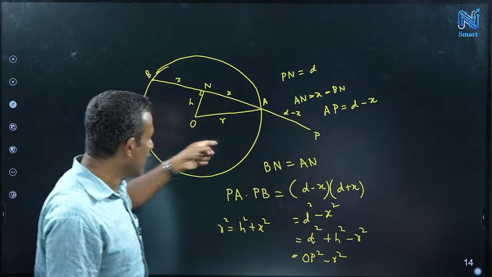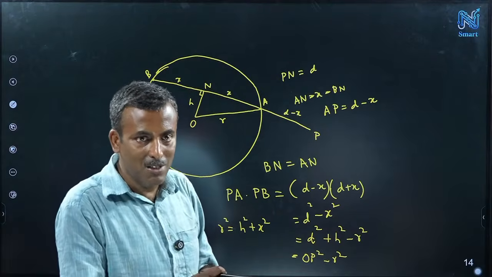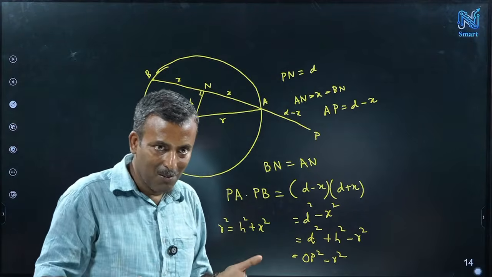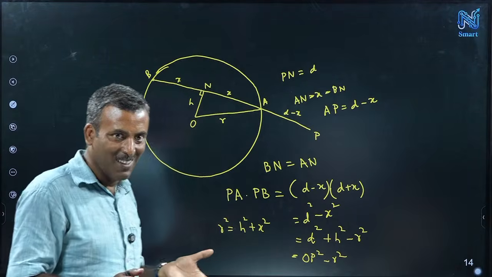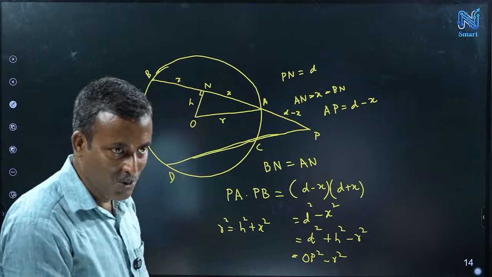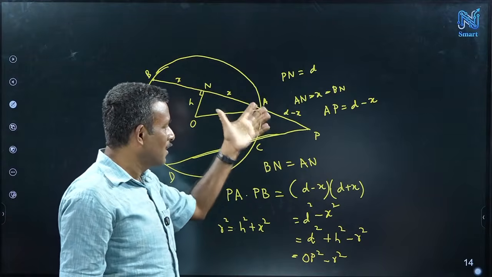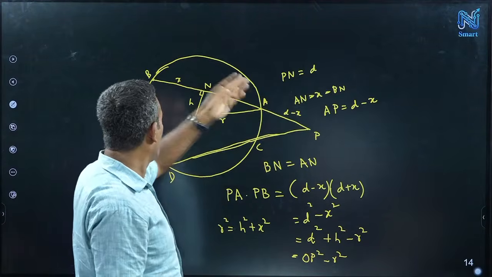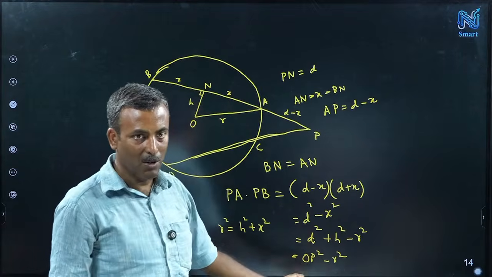So whatever line you take, ultimately it will be OP square minus R square: the distance from the origin square minus radius square. So AP into PB is the same as PC into PD, which is the same as OP square minus R square.